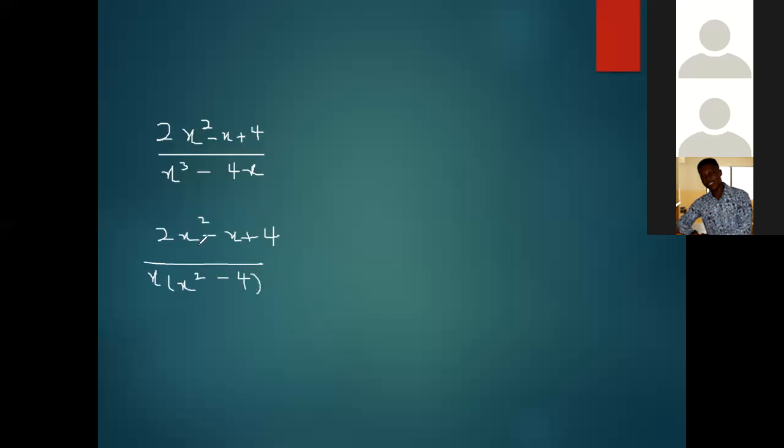So maybe in exams or in assignment, I'll be giving you this, but it does not take away the fact that this expression here is still the same as this. So when we get to integration and you see an expression like this, you should be able to re-express it in the partial fraction form like that. Okay, so we are going to pick the second form and then use the rules to express it.